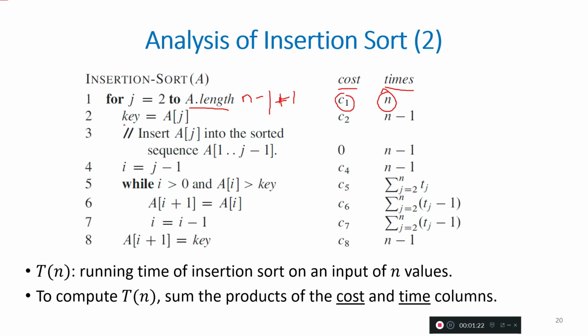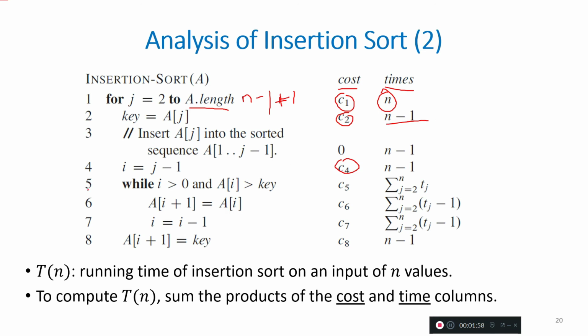Instruction 2, which is an assignment instruction, is inside the for loop and therefore it runs n minus 1 times and it has a fixed cost value of C2. The third instruction is a comment, which has no cost because it is not executed by the compiler, but it is seen n minus 1 times. The fourth instruction is again an assignment instruction, which has a different cost value, which is C4, but it has the same number of iterations as instruction number 2.